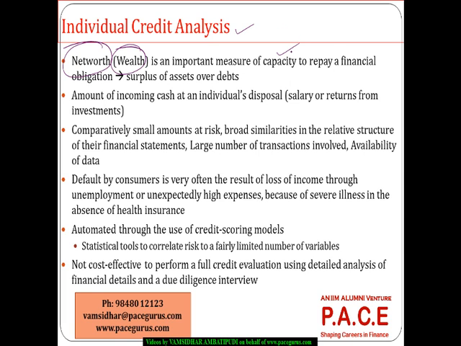So wealth is a very important measure of capacity, which I will look at as the surplus of the assets that he is possessing over the debts that he is carrying. The more positive that number is, the more I am willing to give him a loan. The lesser it is, the more he becomes a risk towards the extending of any kind of loan.